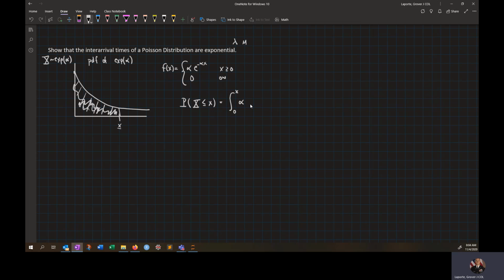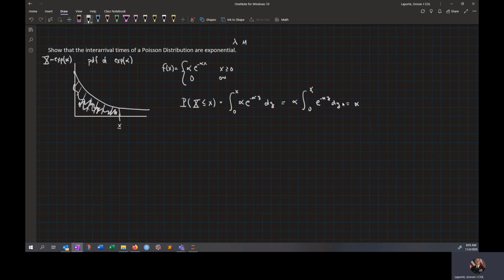We're going to integrate this out. So it'll be e to the negative alpha y dy, where y is just a dummy variable. After we integrate and substitute our limits, it'll go away. So it's alpha times the integral from 0 to x of e to the negative alpha y dy.